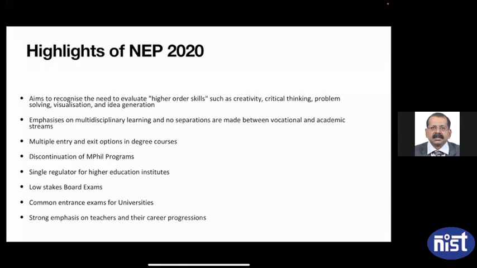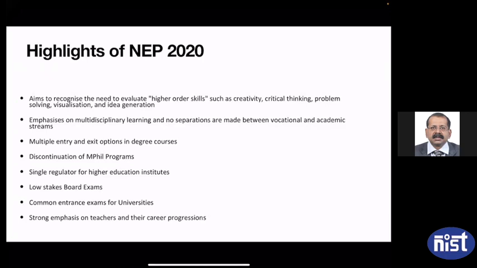Most of our education so far tends to be exam and evaluation based, and therefore tends to focus on rote learning and memory more than skills like creativity and critical thinking. And this is what the NEP, at least one of its focuses, tries to get into education. Another emphasis given here is on multidisciplinary learning.